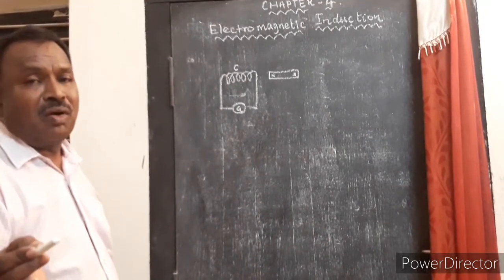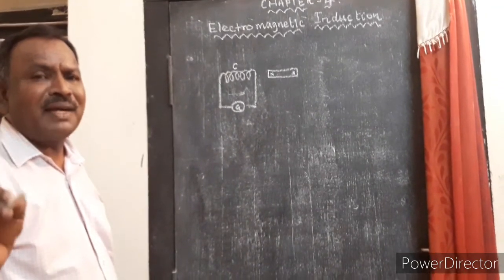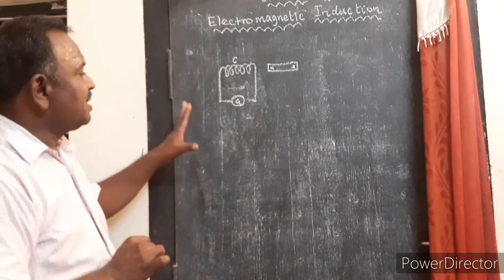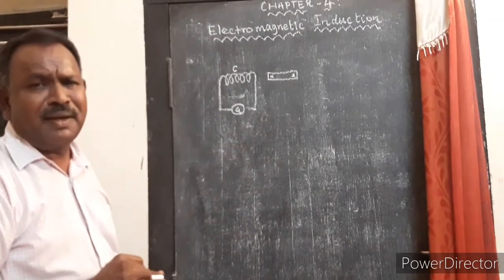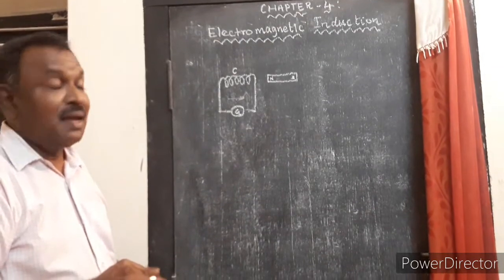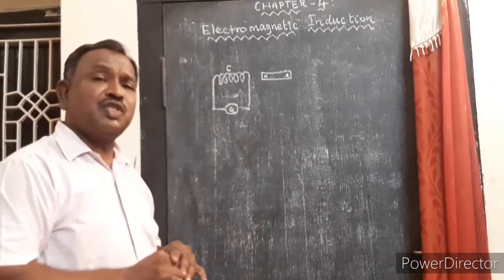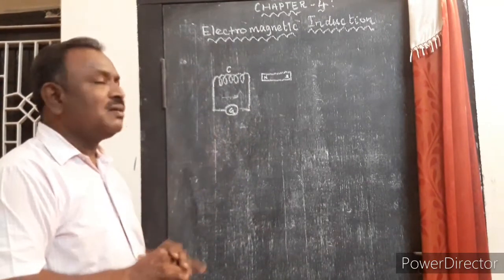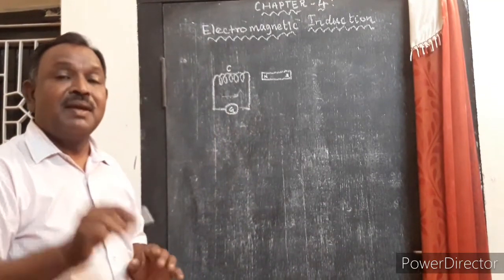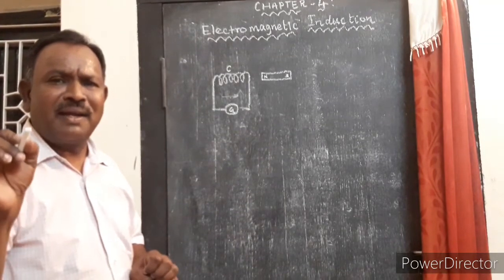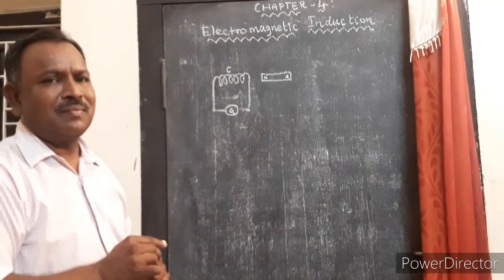This method is called electromagnetic induction. This is one type of electromagnetic induction. We see that either the magnet has to be moved or the circuit has to be moved. This method is called the static method of electromagnetic induction.